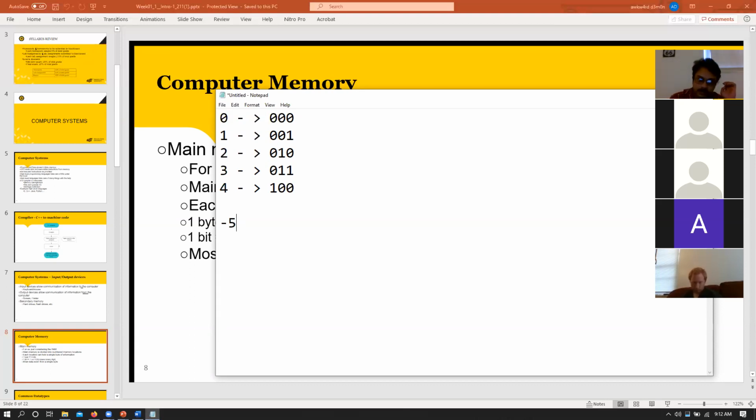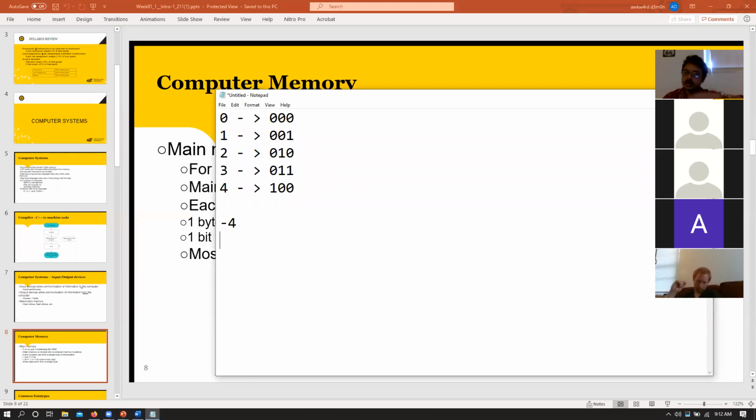Now, let's say that I want to represent, let's say, minus 4. In your two value system, 1 and 0 value system, right? So in that case, what your computer actually does is it reserves one value to depict whether something is positive or negative.